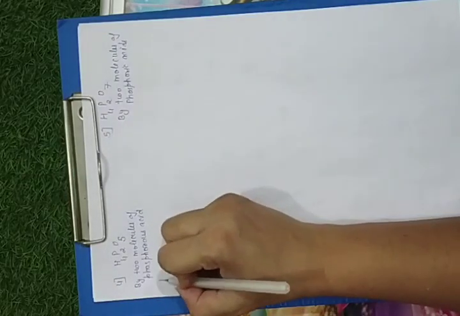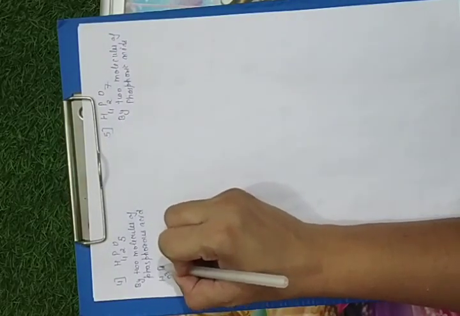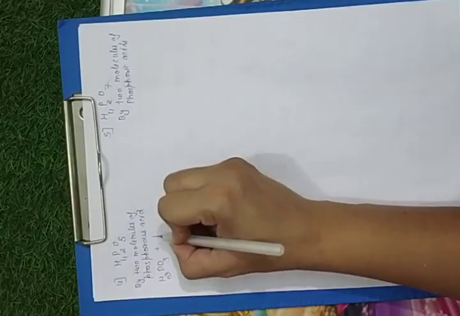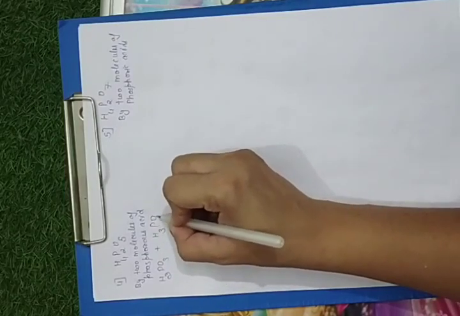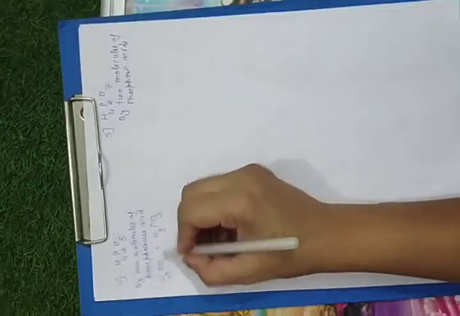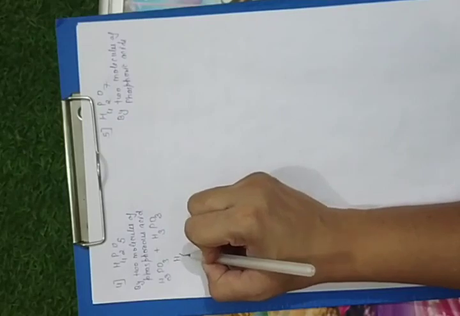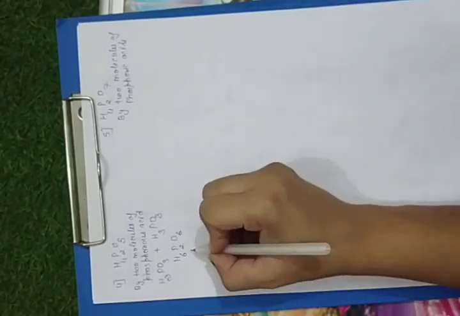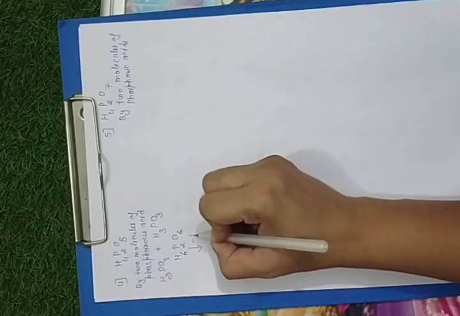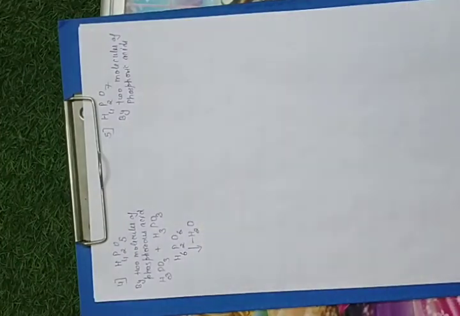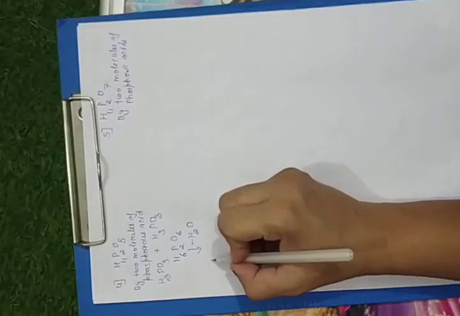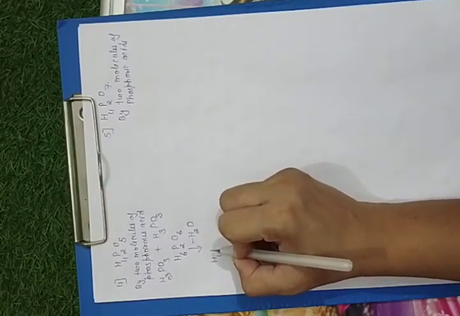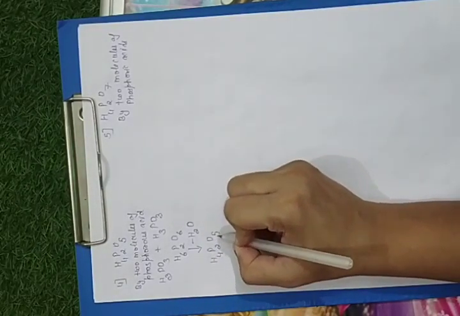So let us now discuss, here is the HPO3 plus HPO3, then collectively it becomes H6P2O6. Now what will we do? We have to remove one water molecule from these acids. It becomes H4P2O5.